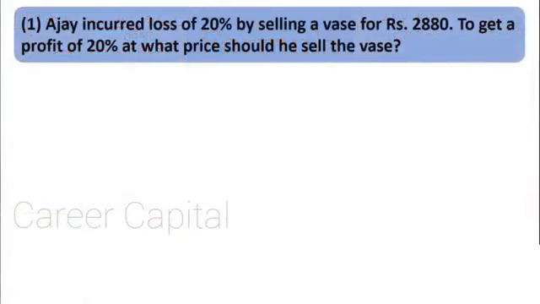Question number 1. Ajay incurred loss of 20% by selling a vase for rupees 2880. To get a profit of 20%, at what price should he sell the vase? Now again, what did we learn at the start? What are the 2 formulas? Percentage profit is nothing but profit in rupees divided by cost price multiplied by 100. Same way, percentage loss is loss in rupees divided by cost price multiplied by 100.